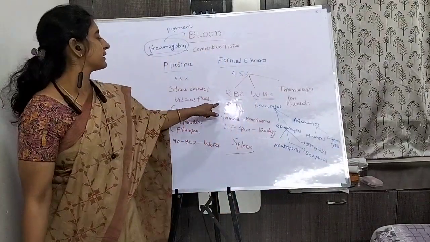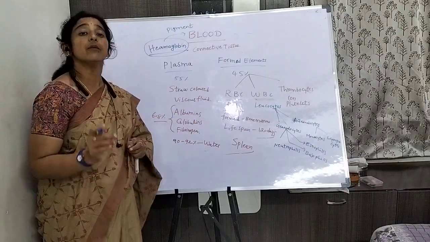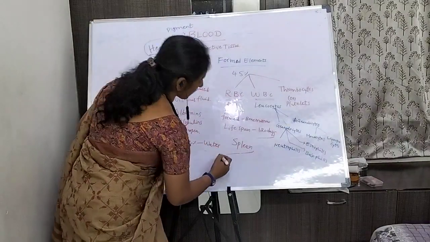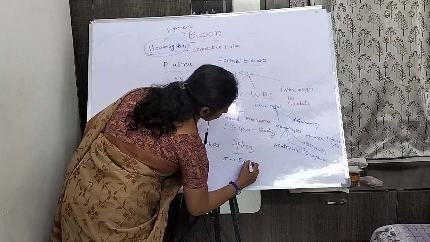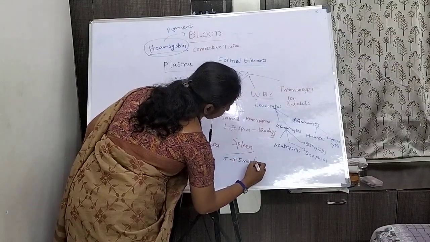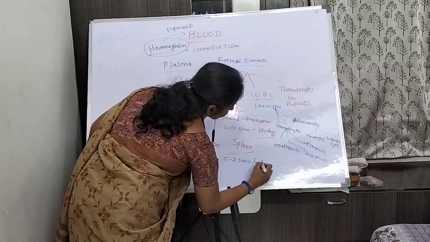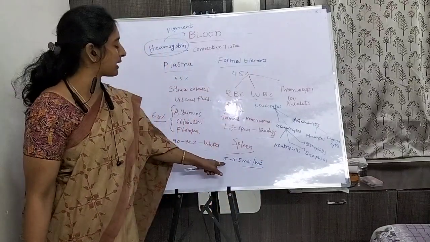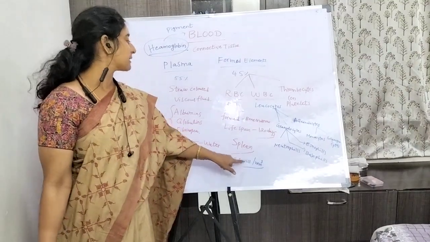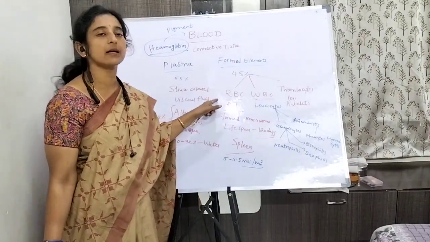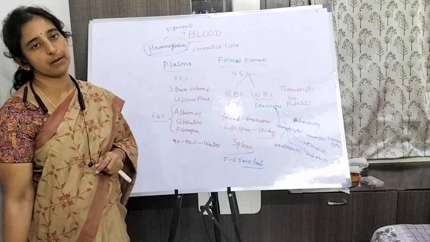Generally, there are 5 to 5.5 million red blood cells per cubic millimeter of our blood.